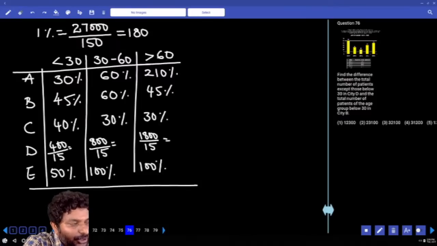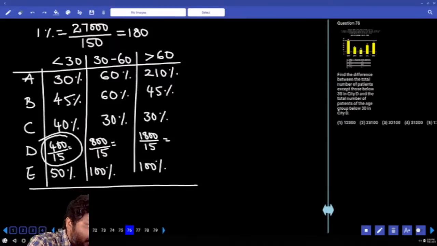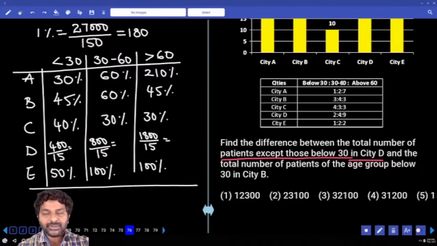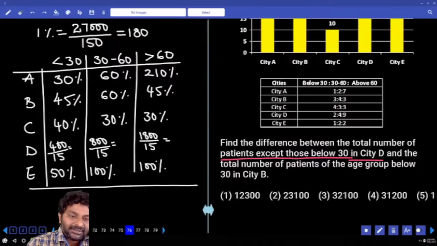But in D, we have a denominator. And what is our denominator? 15, which is a multiple of 3, right? So you can only decide that the number of D patients less than 30 is a multiple of 3. Except those below 30, this is what we don't want.